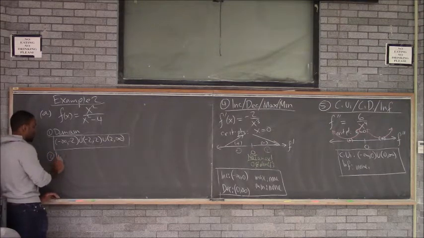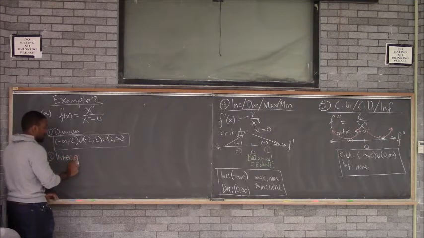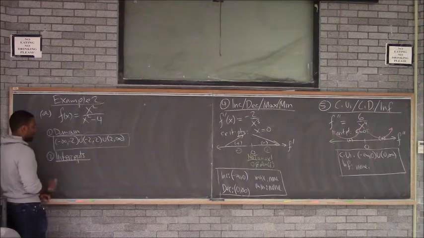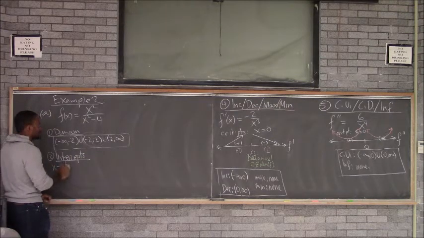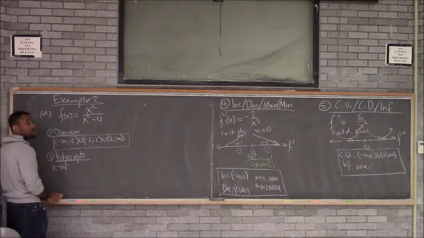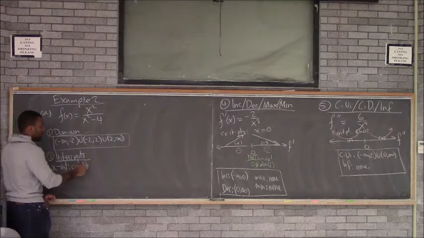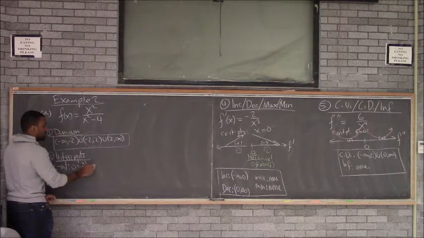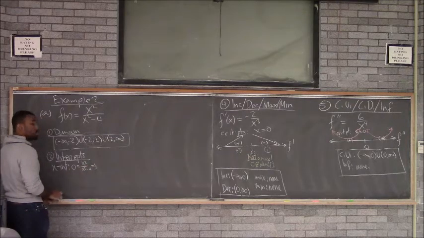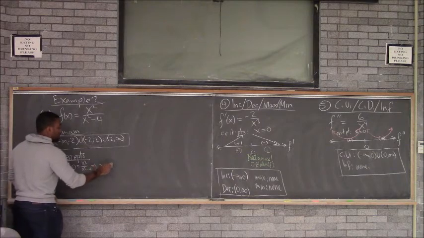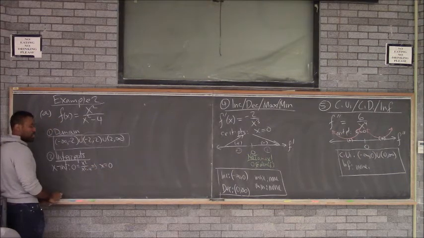2, intercepts. X-intercept. Set y equals 0, solve for x. What do you get? Right, you get x equals 0, right? The only time a fraction is 0 is when the numerator is 0, so the numerator is x squared.